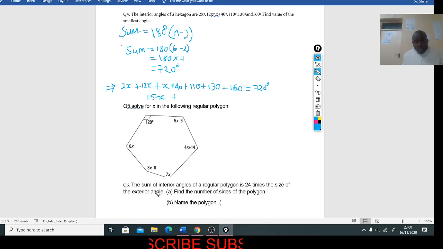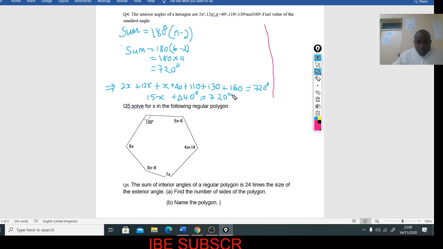So plus 440 degrees gives you 720 degrees.